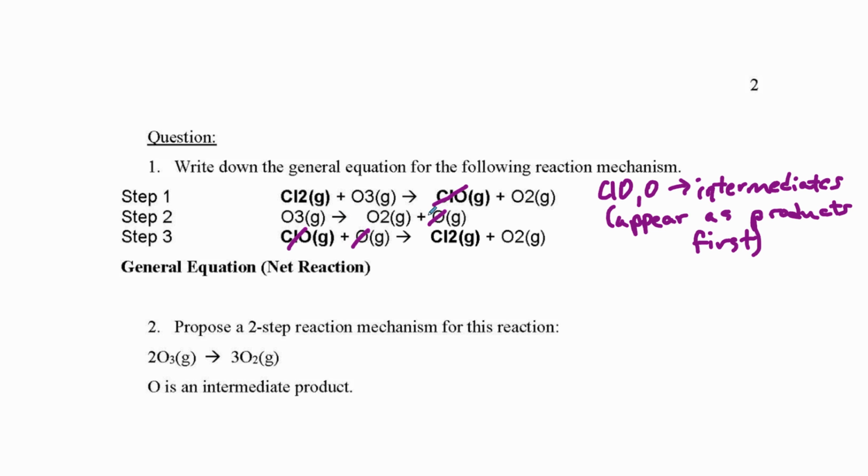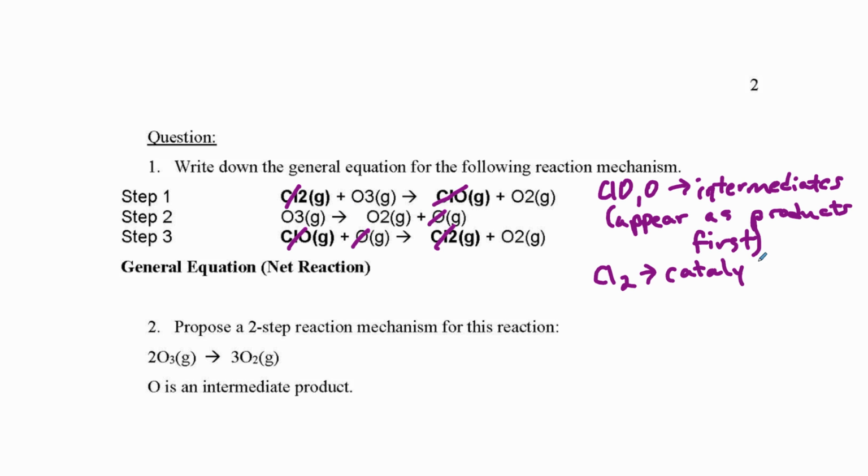Okay, now you'll also see Cl2 appears here and here. So it also needs to be canceled out. The difference with Cl2 is it appears as a reactant first and then a product. So that indicates that Cl2 is a catalyst.